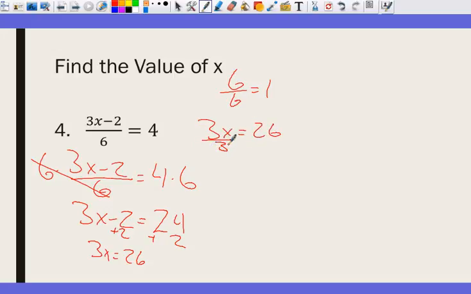It doesn't divide evenly, but you can still divide it, so you can get a decimal. 3 divided by 3 is 1, so we get x is equal to 26 over 3. There's your answer.